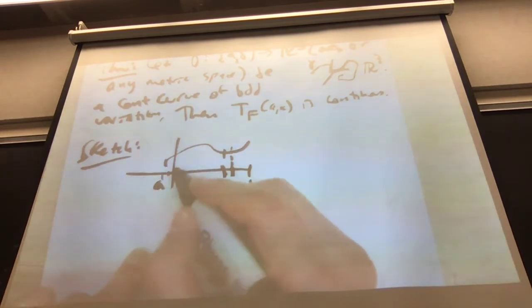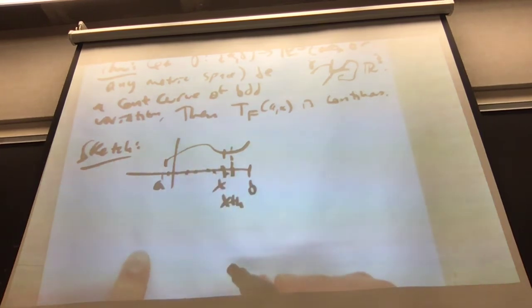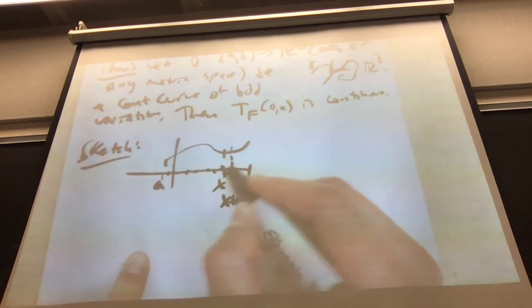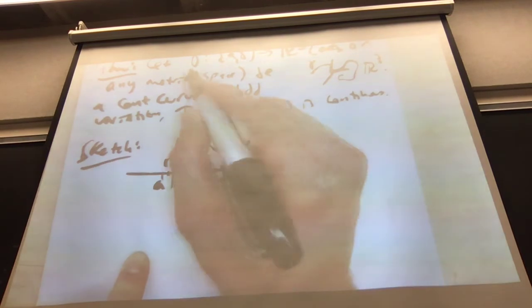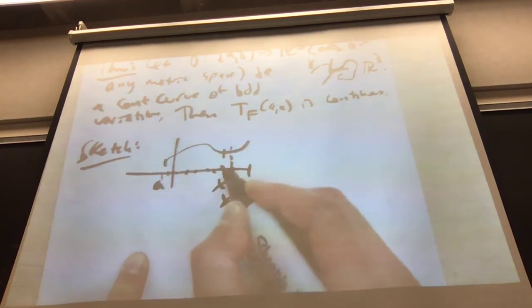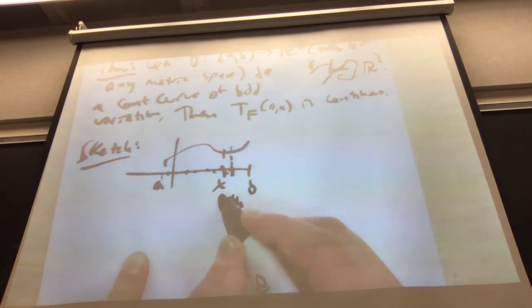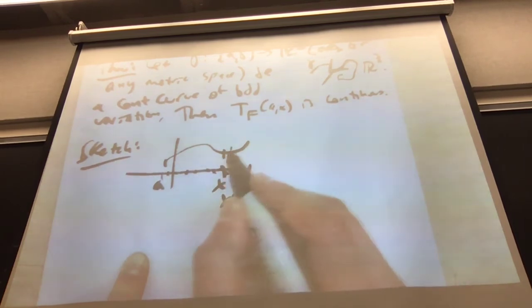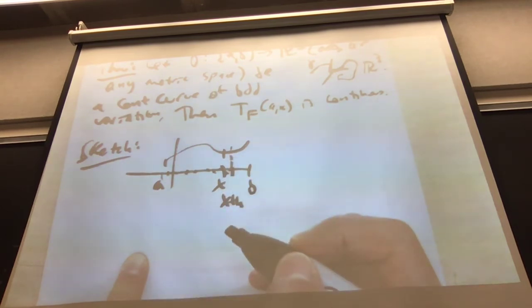You take any partition of X plus H, and because of the continuity of gamma, you make sure that one of the partition points includes this point X. And then this difference will be at most epsilon by the continuity of the curve.